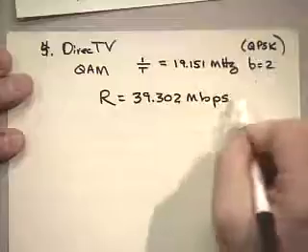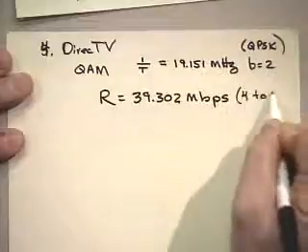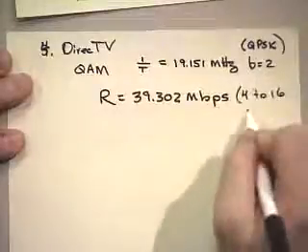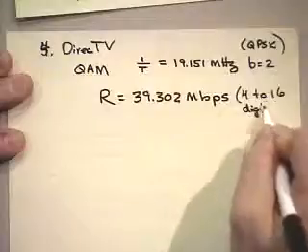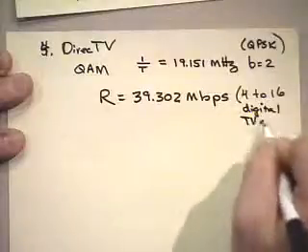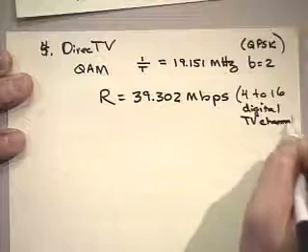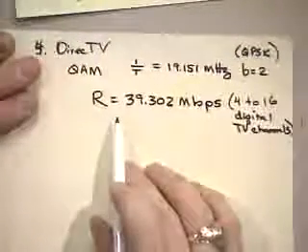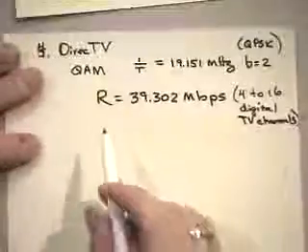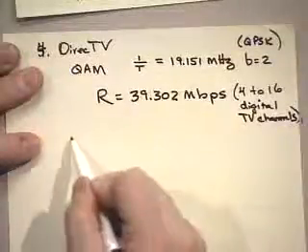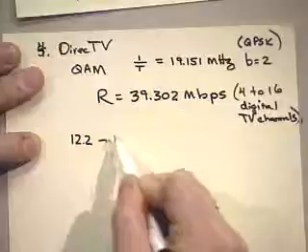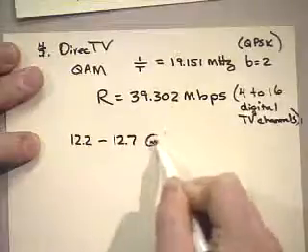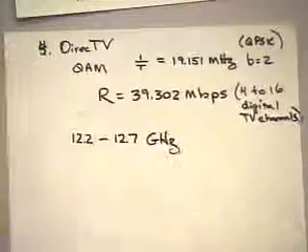And typically, they get 4 to 16 digital TV channels on one of these slots. The carrier frequencies for these signals coming down to the Earth are between 12.2 and 12.7 gigahertz. Each of these slots has about 24 megahertz.